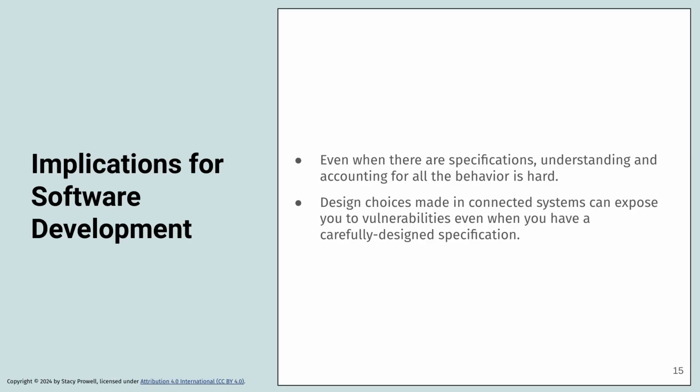Design choices that are made in connected systems can expose you to vulnerabilities even when you have a carefully designed specification. The people at Google aren't dumb. They're not morons. They know how to do internet specifications. It's Google. And they still got this one wrong and left a big vulnerability.